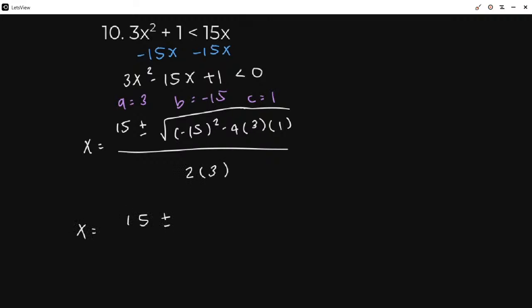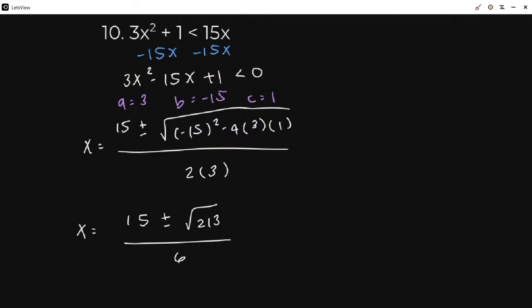So that's going to simplify to 15 plus minus rad 213 over 6. And 213, oh, it does simplify. Let's see. So it's divisible by 3, and that would be 71, but 71 is prime. So we can't really change this number.